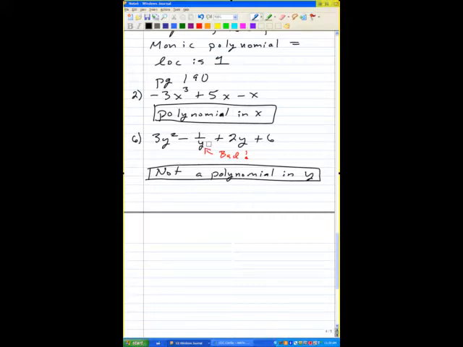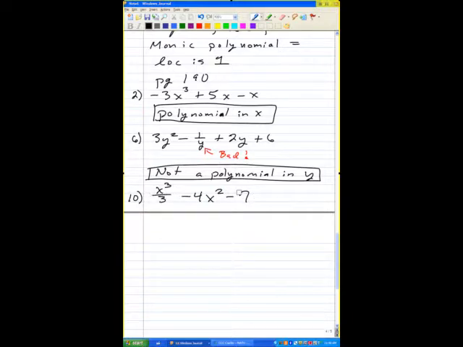Let me do problem number 10. x cubed over 3 minus 4x squared minus 7. And so I have an x, and it's to a whole number exponent 3. I have an x, and it's to the whole number exponent 2. And I have, well, a constant term.